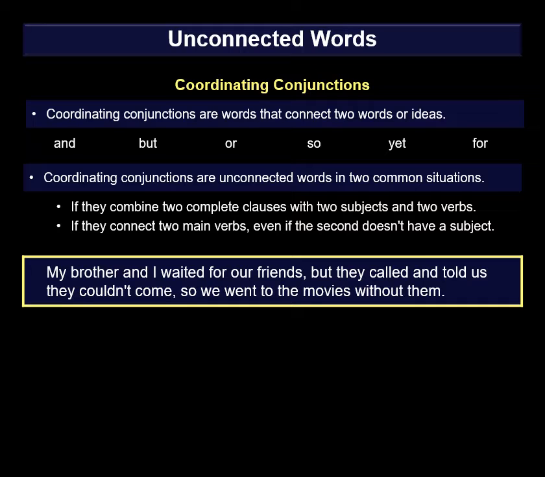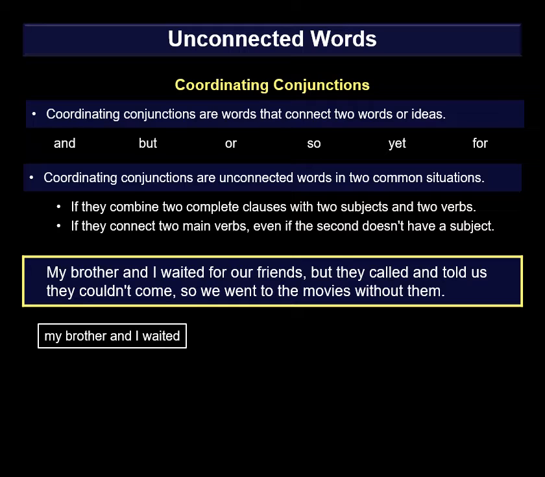For example, my brother and I waited for our friends, but they called and told us they couldn't come, so we went to the movies without them. Now the first and is connected, my brother and I waited, because it's connecting two nouns inside the clause, or a noun and a pronoun.